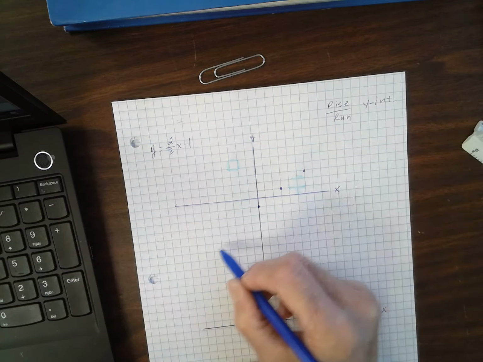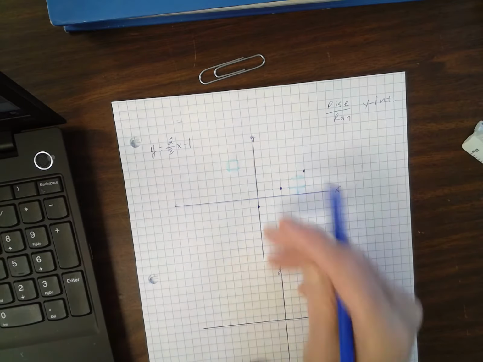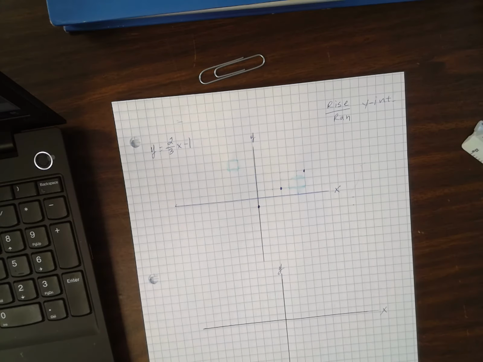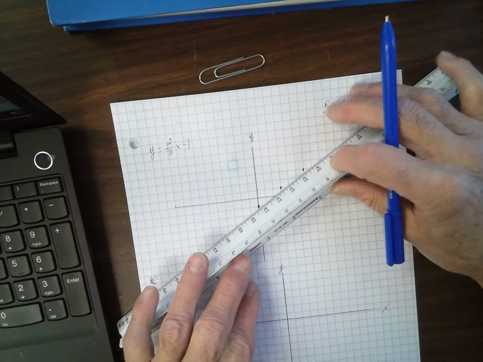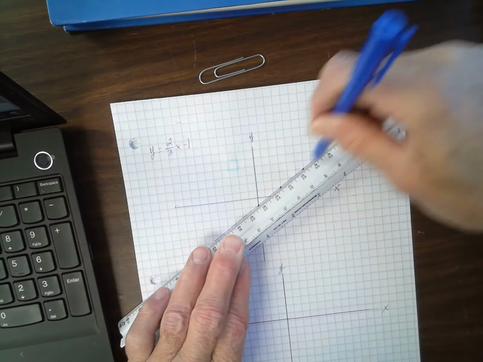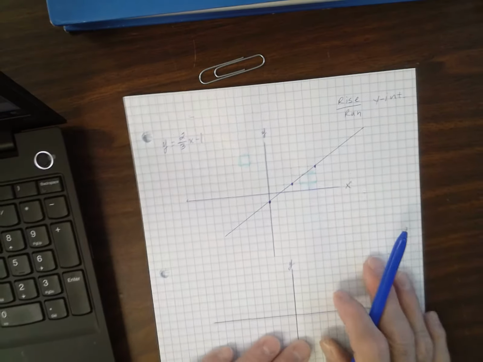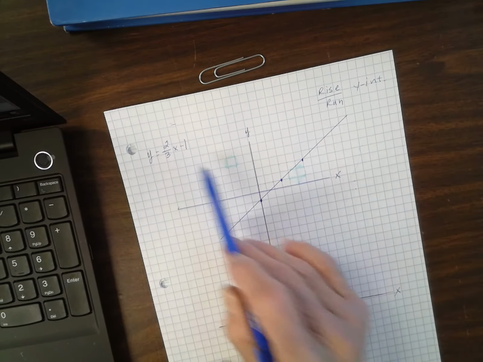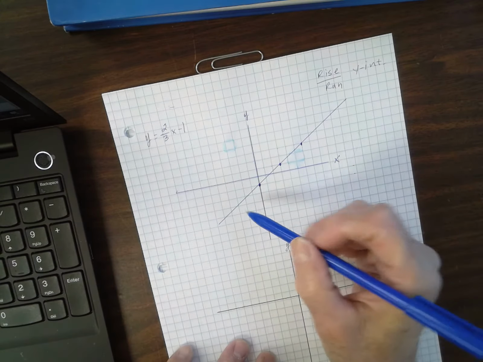So at every point along this line, along this slope, it'll be rising 2 and running 3. Now I'm going to connect my dots. This equation is now graphed here.